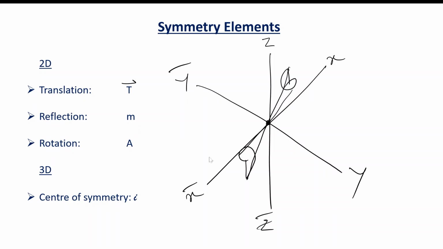So, obviously, in case of a 3-dimensional reference frame, when we are talking about 3-dimensional symmetry, you have translation, but remember translation we can't directly see, because these are symmetry elements which are of, you can say, atomic scale or molecular scale, because how your individual atoms are placed with one another will give you an idea of the translation.